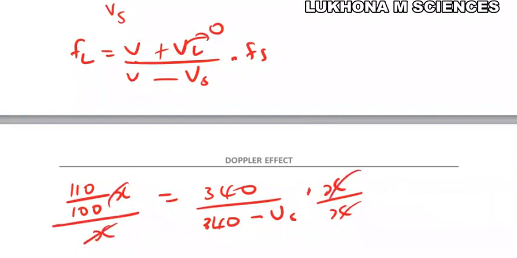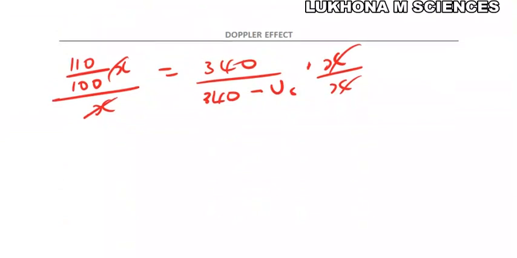Now we are left with 1/10%, which is 1,1, equal to 340 divided by 340 minus Vs.